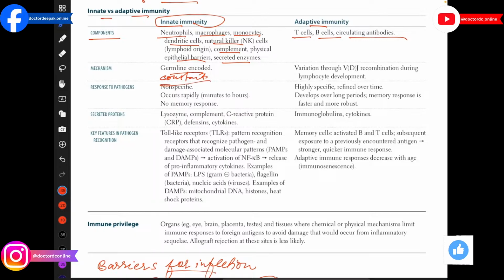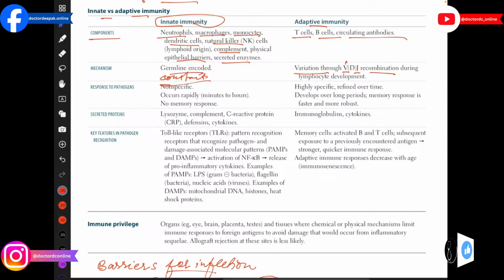But in adaptive immunity, there is variation through VDJ recombination during lymphocyte development. It's a crucial process in the adaptive immune system where developing lymphocytes like B and T cells randomly assemble different gene segments.